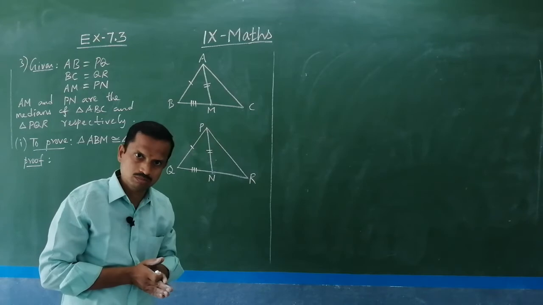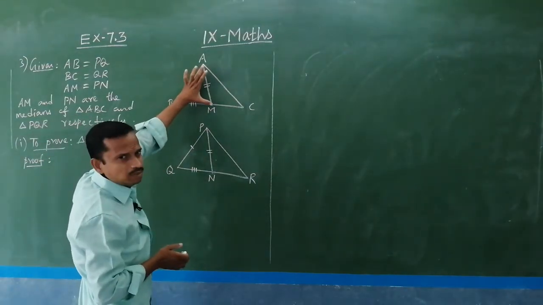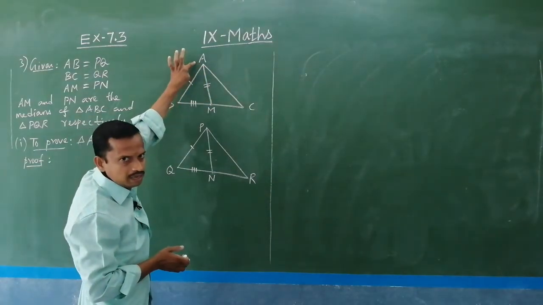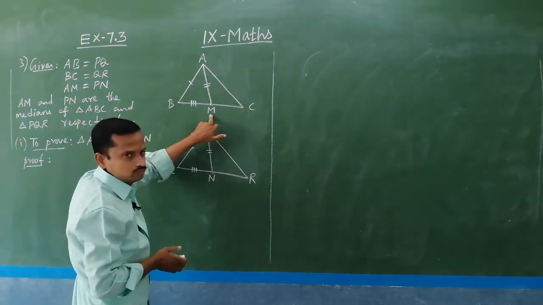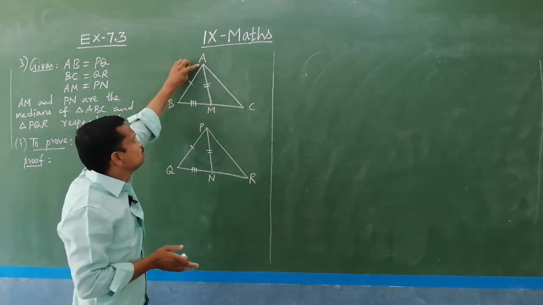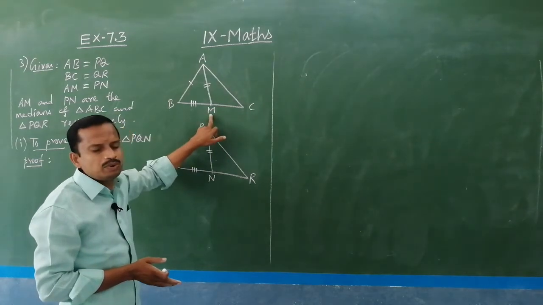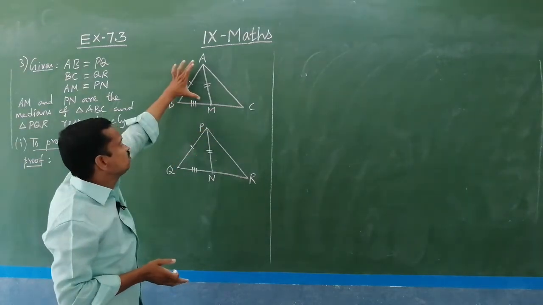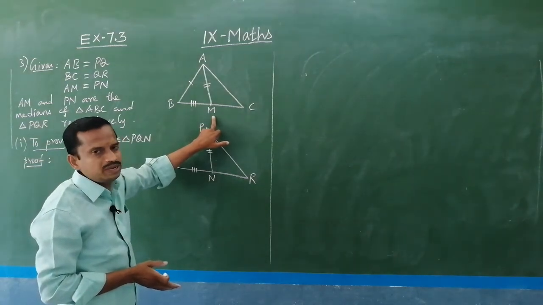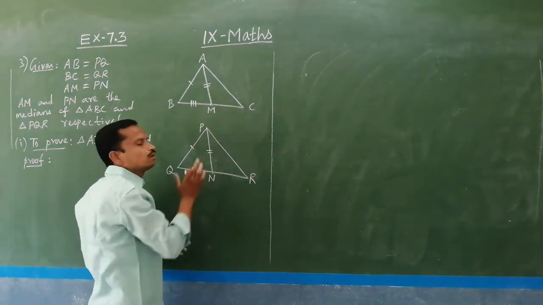That is altitude. Whereas median is also a line segment joining a vertex of a triangle, here A, to the midpoint of the opposite side. Clear? Now if you take vertex A, what is the opposite side of A? BC, and M is the midpoint of BC. If you join the vertex and the midpoint of the opposite side, then it is called median. So AM is the median, therefore M is the midpoint of BC.